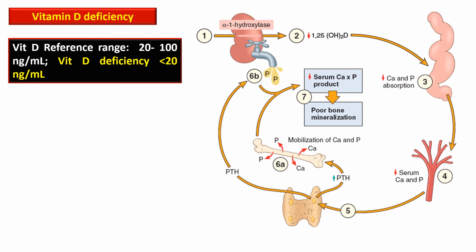The vitamin D reference range is 20 to 100 nanogram per ml, while a person is said to have vitamin D deficiency when its level is less than 20 nanogram per ml. Vitamin D contributes to mineralization of the osteoid matrix and epiphyseal cartilage through stimulation of production of osteocalcin by the osteoblast. As we studied in lecture 1, there are two types of ossification.